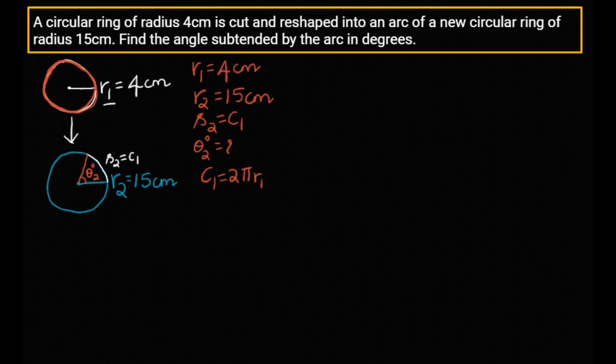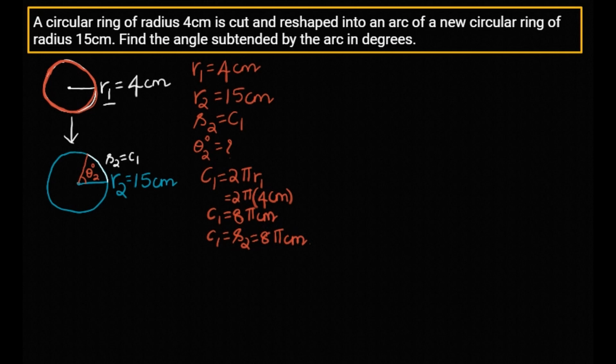So we know the value of r1. Let us substitute it and find the answer. That is 2 pi into 4 centimeters, which is equal to 8 pi centimeters. So this circumference of the first circle is equal to the length of the arc in the second circle, which is equal to 8 pi centimeters.